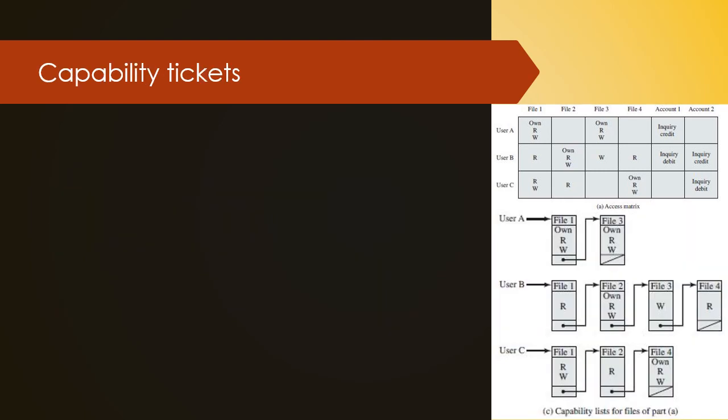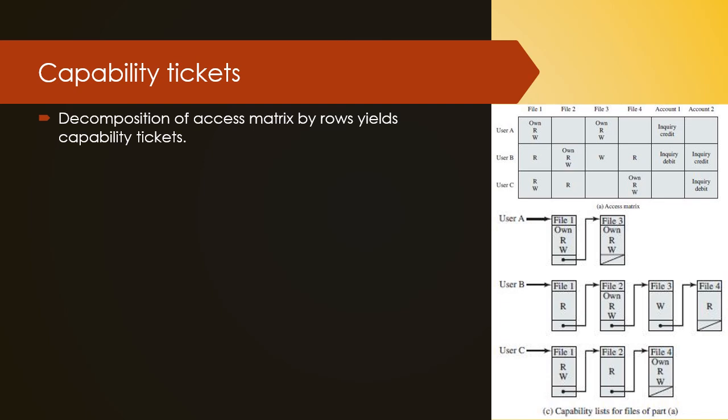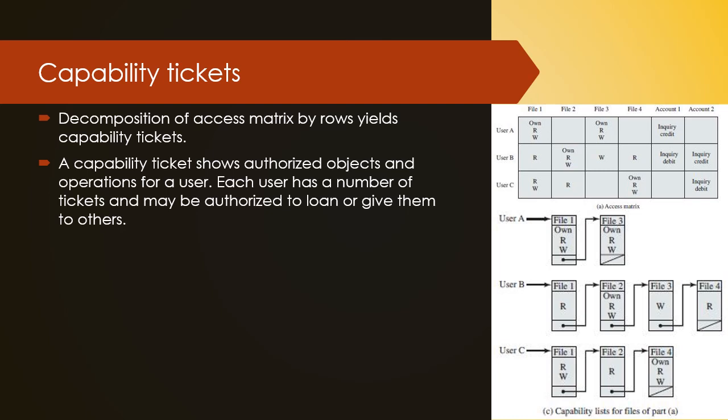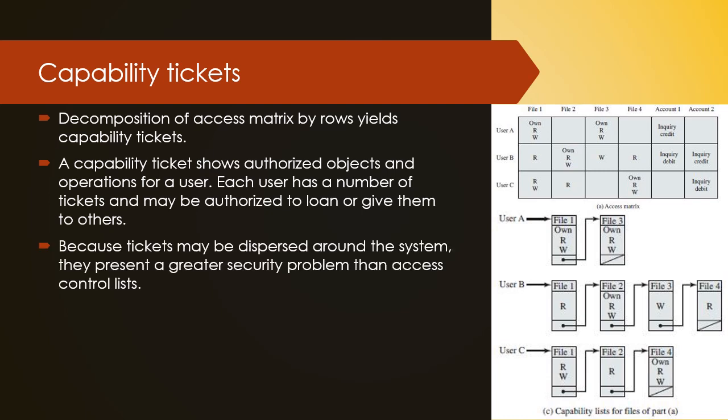Capability tickets. Decomposition of the access matrix by rows yields capability tickets. A capability ticket shows authorized objects and operations for a user. Each user has a number of tickets and may be authorized to loan or give them to others.